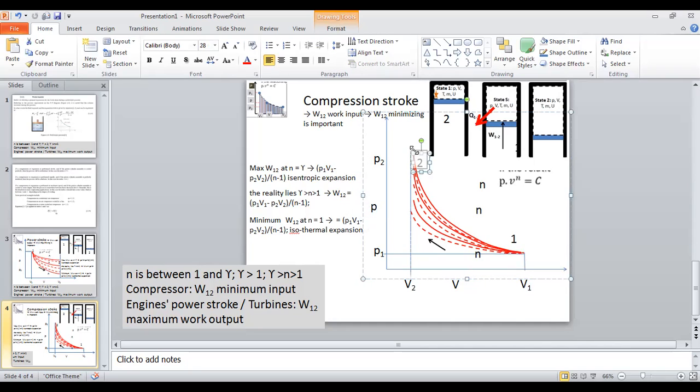State 2 is here. So this is the V2 constant, that is mechanically fixed.